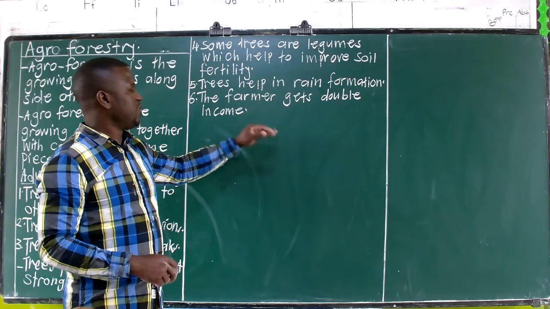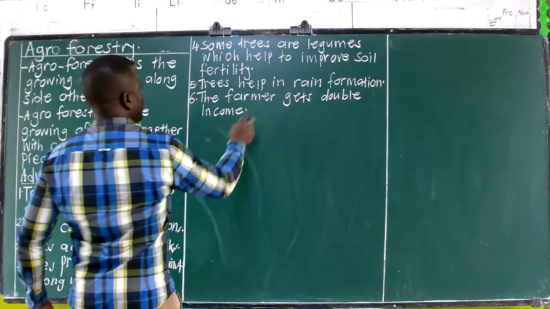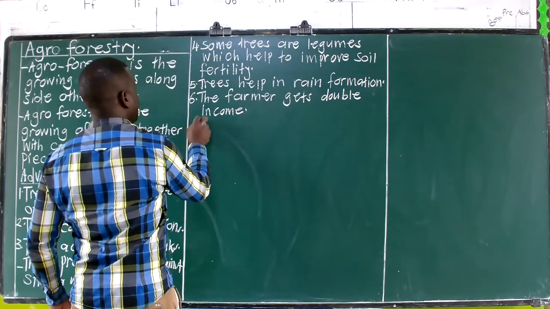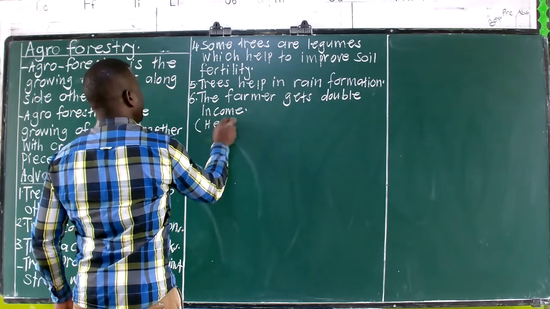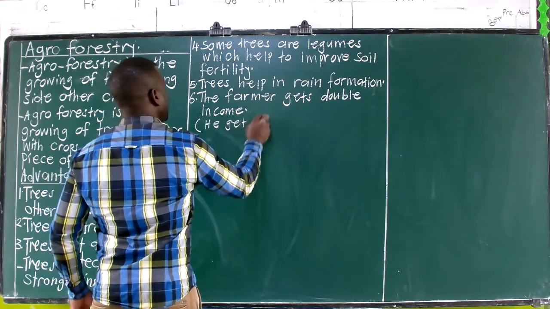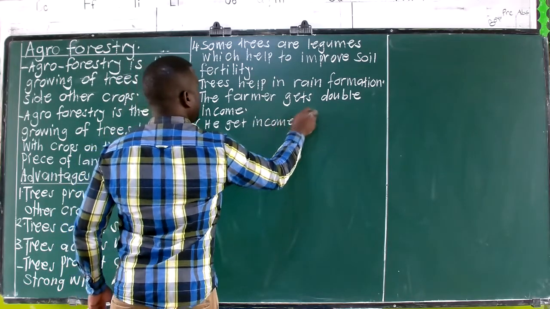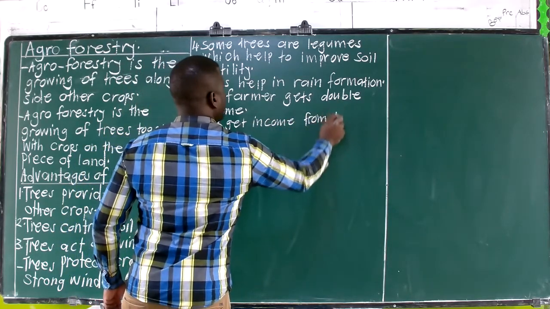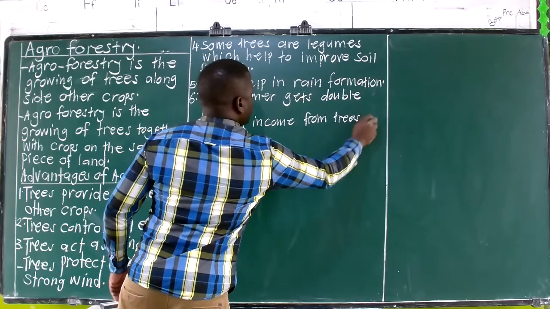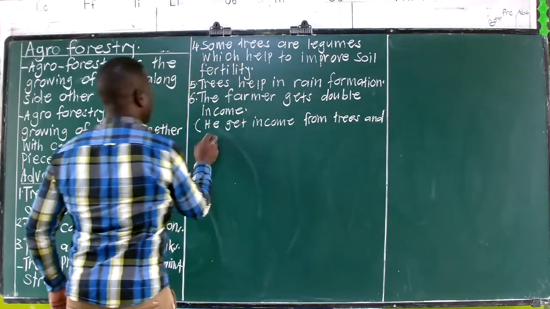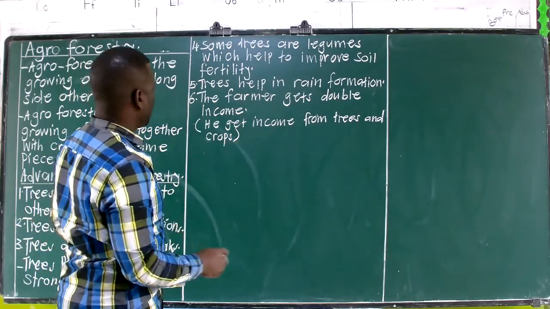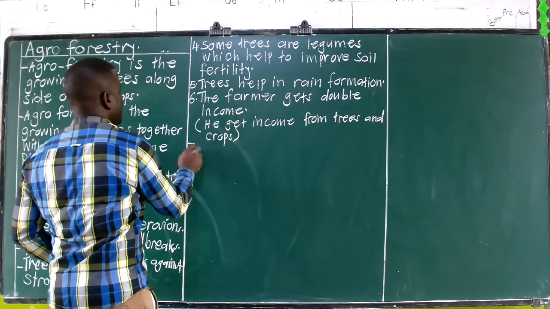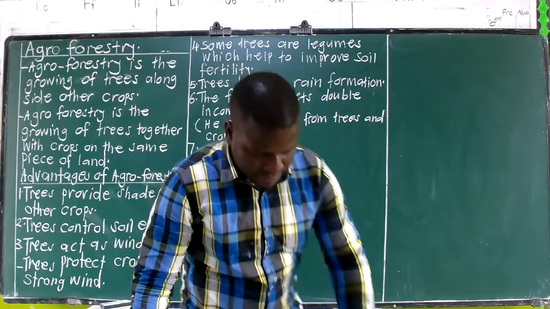Gets income from trees and crops. That's the double income we are talking about.